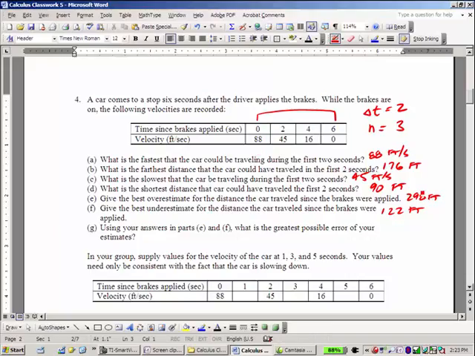But 298 is a better overestimate because it's smaller. So the more intervals you use, the better it is. Is that okay? n is the number of intervals, like from 0 to 2, 2 to 4, 4 to 6. Or it's the number of times you took approximations and added them together.